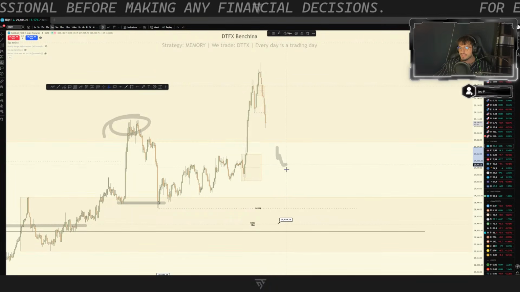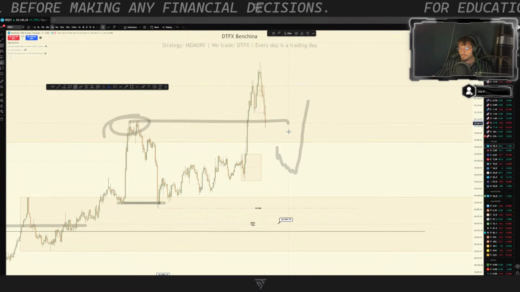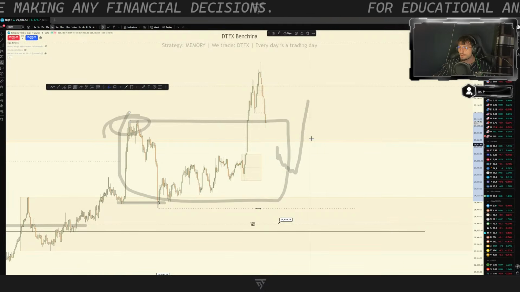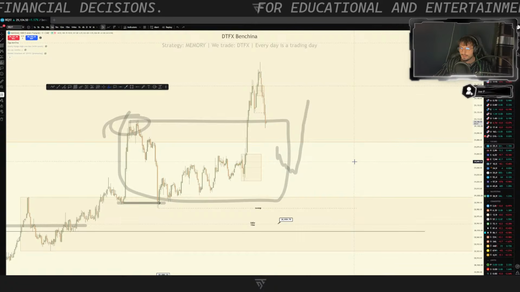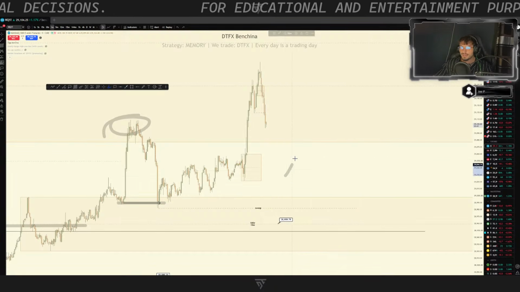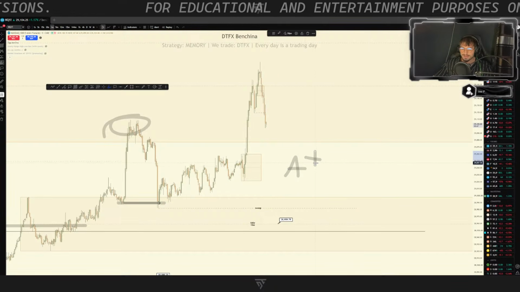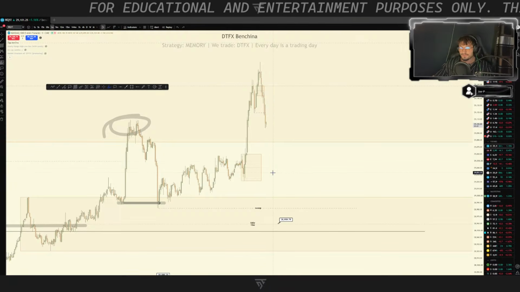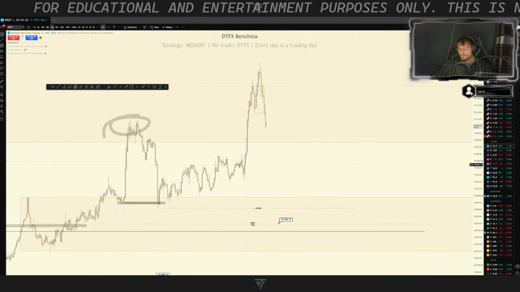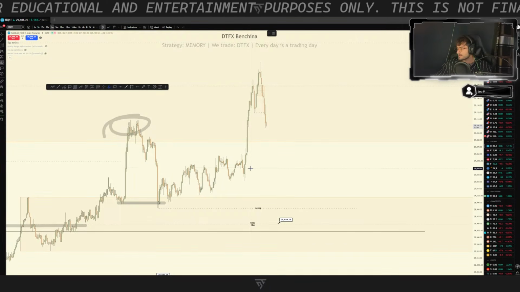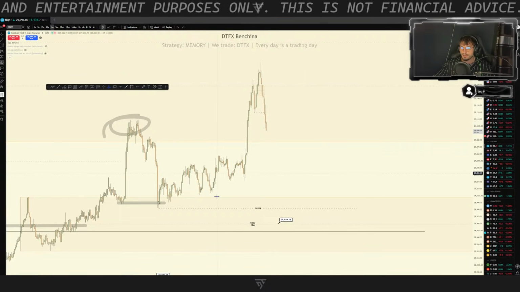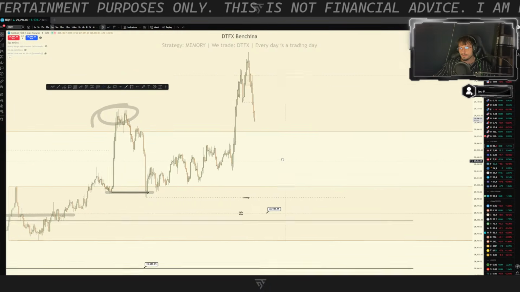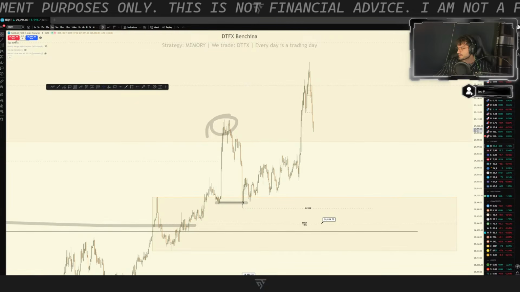Now if that comes down, taps that area and goes higher, I am content with no entry, because I want the A plus, not just the A or B entry. If it's by your rules in this swing, go ahead and take it. But if it's not, I would rather skip it.